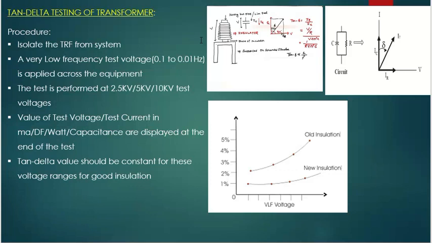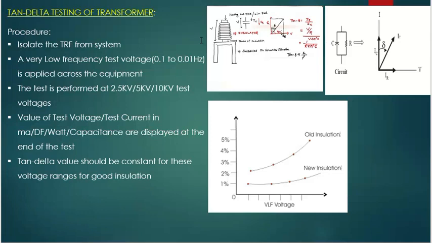Then with the mode selection in the tan delta test case, generally for bushing, we select the ungrounded specimen test mode. We perform the tan delta test by applying 2.5 kilovolt, 5 kilovolt and 10 kilovolt test voltages.